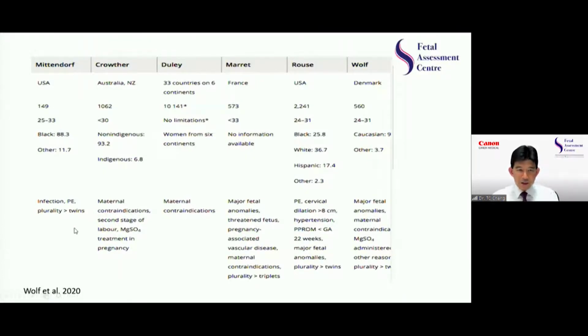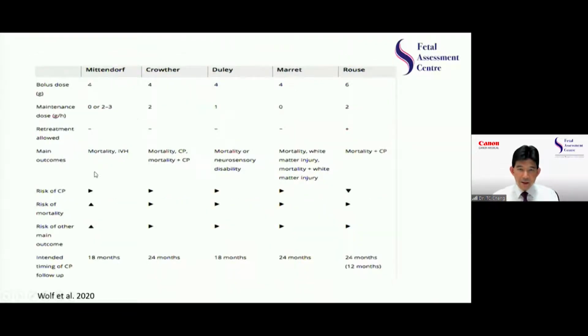These are large studies conducted in different countries, and you can see that they were also conducted in women of different ethnic origins. You can see from the next slide that the bolus dose and the maintenance dose are very similar to what you would use for your preeclamptic patients, whom you worry might actually fit upon you in your labor wards.